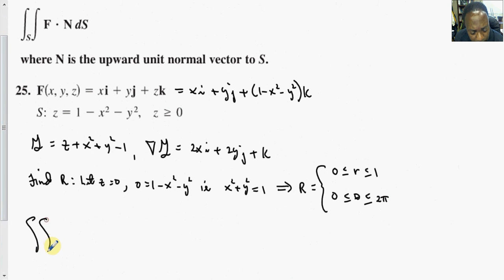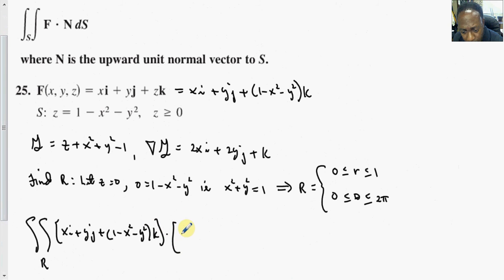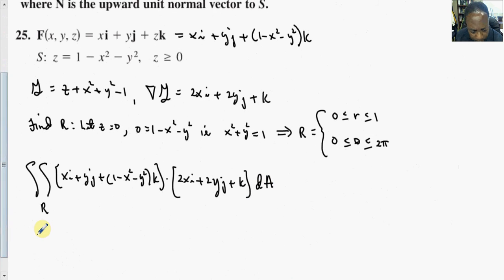So we have this double integral over the region. The function F is xi plus yj plus parentheses 1 minus x squared minus y squared k, dot product with the gradient of G, 2xi plus 2yj plus k, and this is dA, double integral over the region.